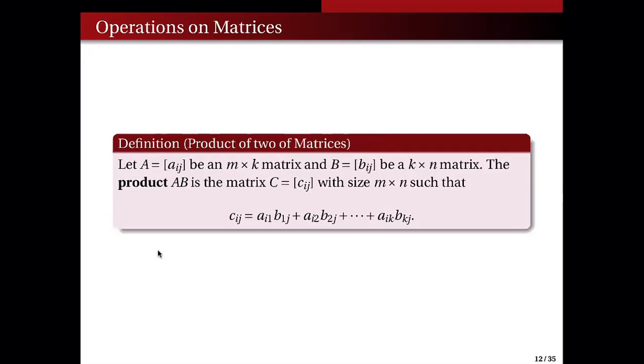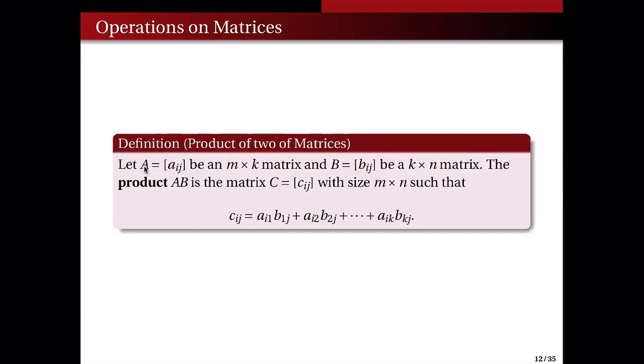Now, we define product of two matrices. And please listen very carefully because multiplication of two matrices is not as easy as the addition or subtraction or scalar multiplication. Okay?